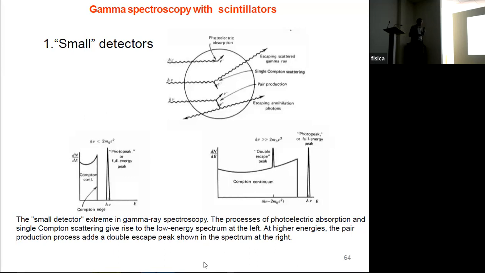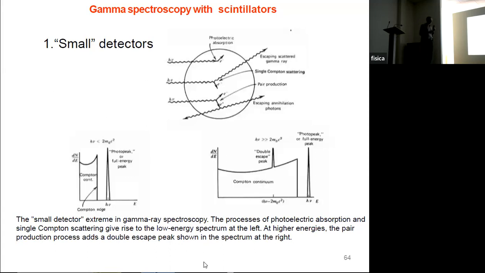If the energy of a gamma ray is more than 1 MeV, remember electron-positron pair production is a threshold process, and in this case we have a possibility to create annihilation photons.